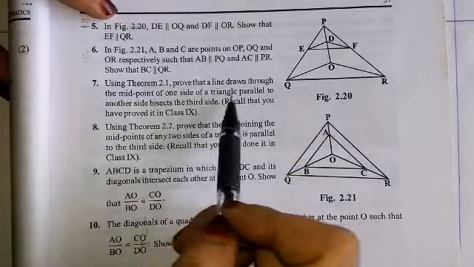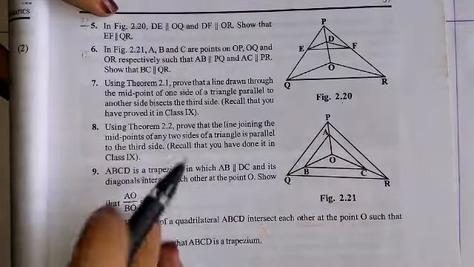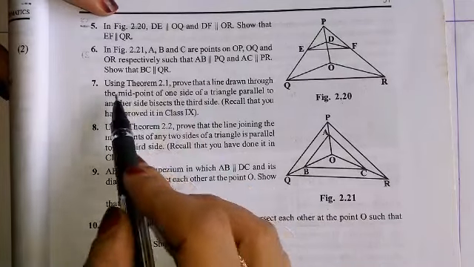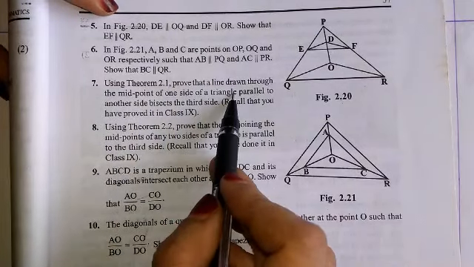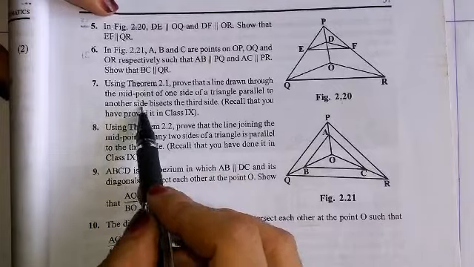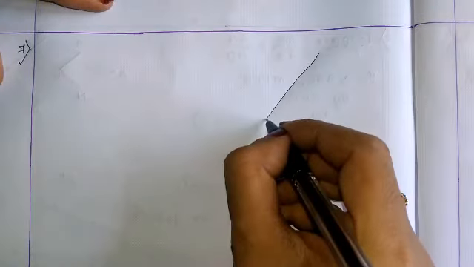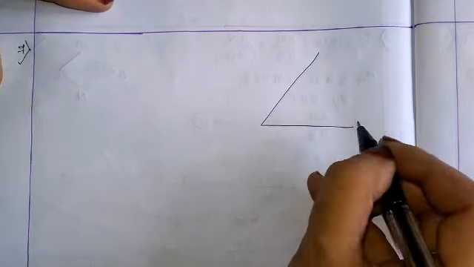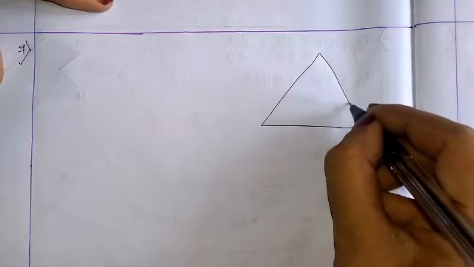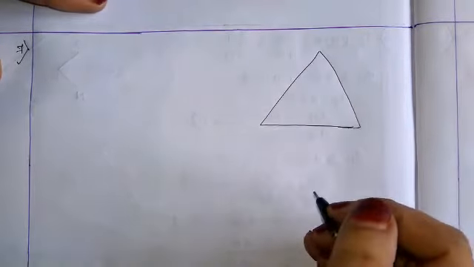Okay, let me draw. They have not given a figure for this. Let us draw the figure as they have described. A line drawn through the midpoint of one side of the triangle parallel to another side bisects the third side. They didn't mention anything else, so a triangle is there. So let me draw the triangle. I have drawn the triangle.